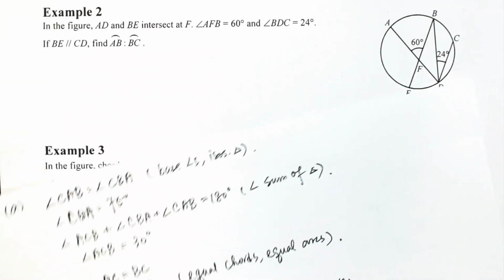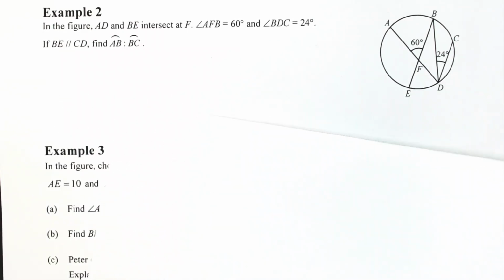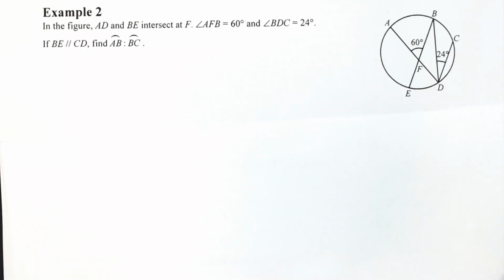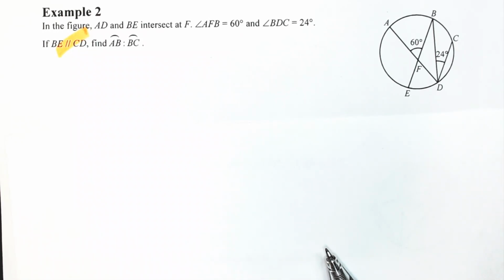Now example 2, you are given a question like this, and BE is parallel to CD, and you are asked to find the arc length ratio AB to BC. And that means we need to find the angle at the center or angle at the circumference about the arc length of AB and BC.